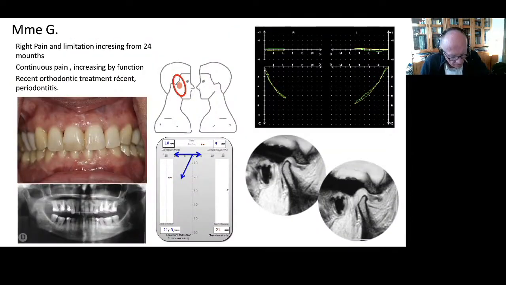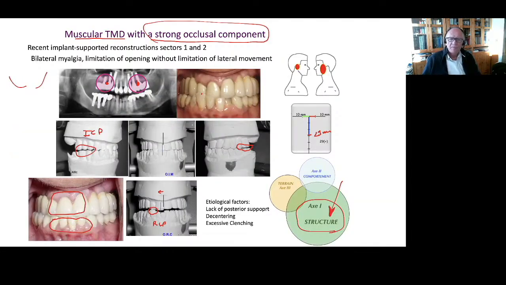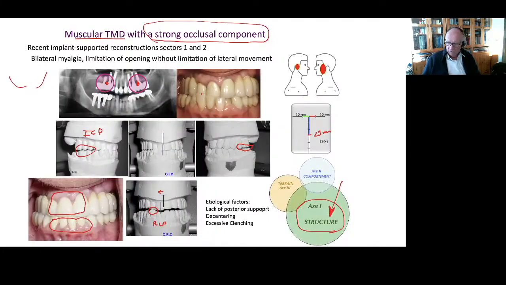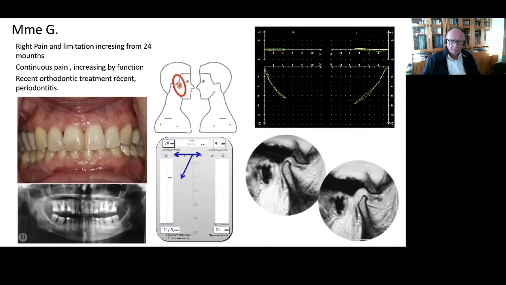Another patient. She is 40 years old. Right pain around the TMJ, with a clear deflection on right side on opening movement, which is limited to 21 millimeters.